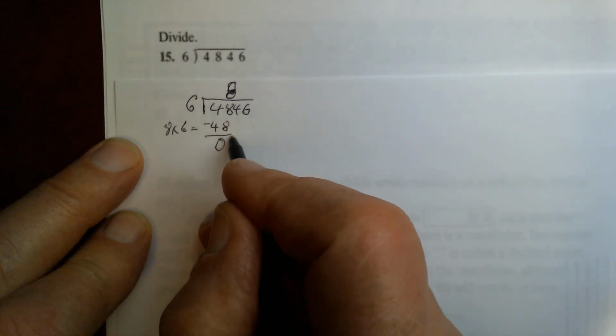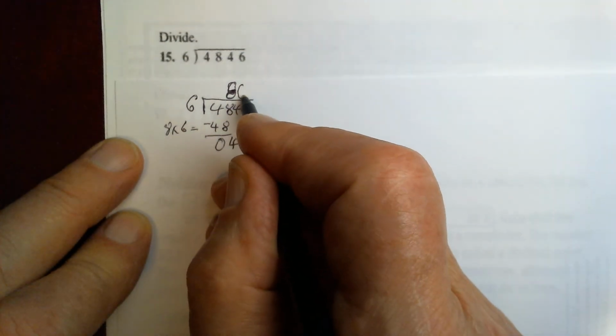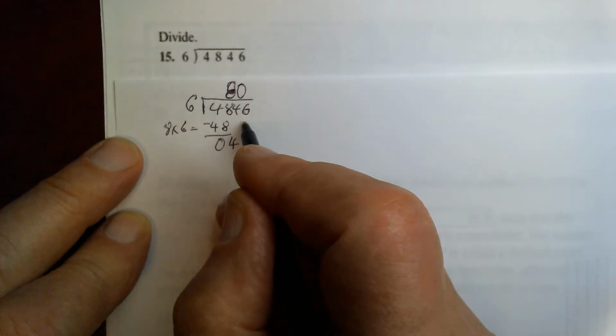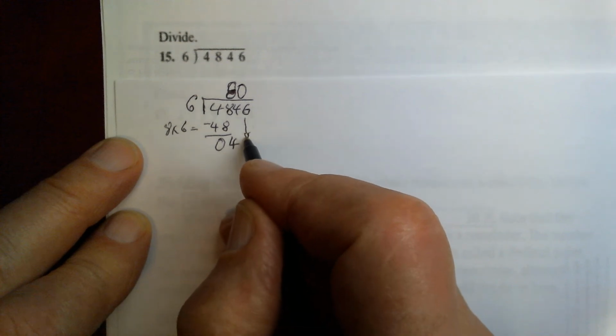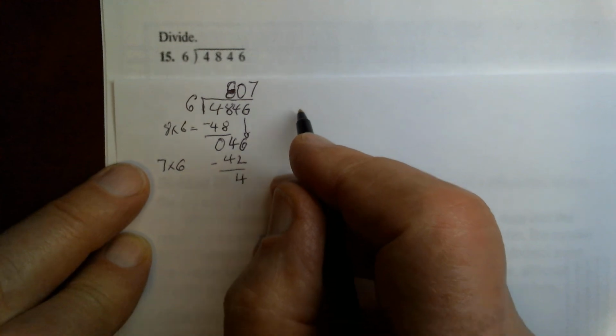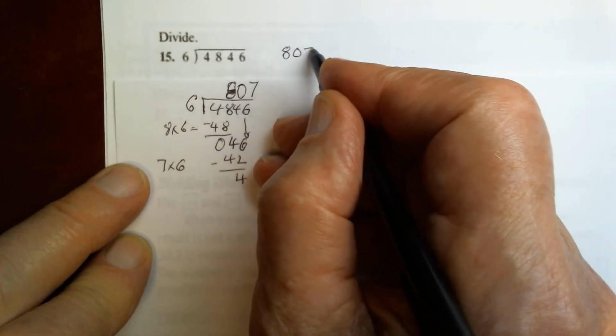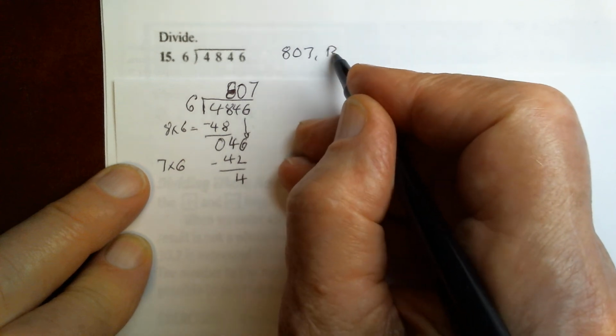And bring down the next digit, it's a 4. And 6 goes into 4 0 times. So we bring down the next digit, which is a 6. And so 6 goes into 46 7 times. And 7 times 6 is equal to 42, with a minus, so we have a remainder of 4. So the answer to number 15 is 807, and a remainder of 4.